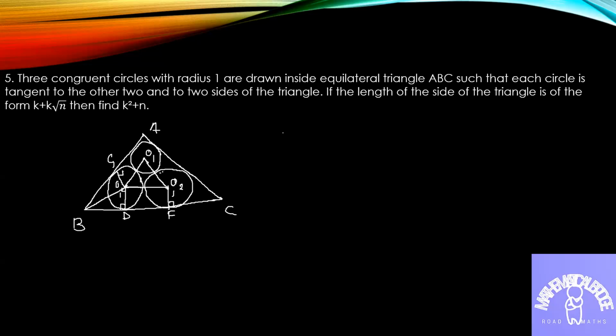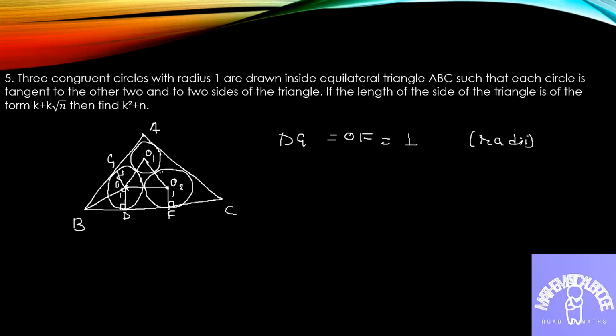Now DG is equal to OF, is equal to 1, because these are the radii.